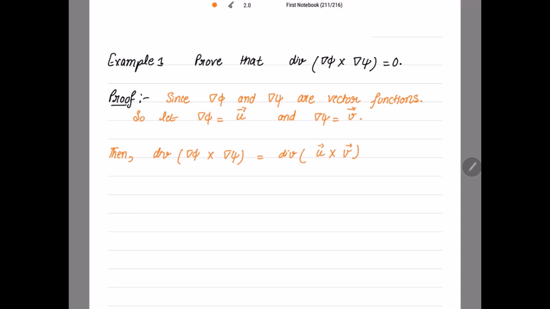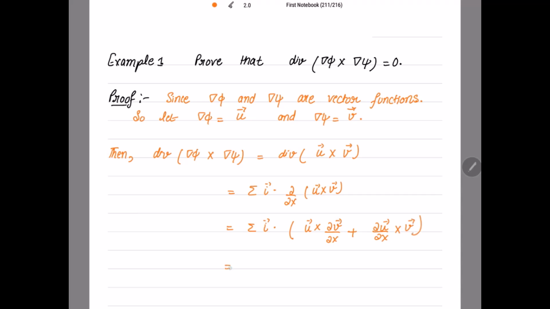The divergence of u cross v is equal to summation i dot curly by curly x of u cross v. So this is equal to summation i dot, u cross curly v over curly x plus curly u over curly x cross v.